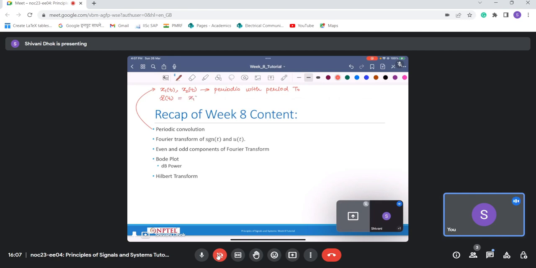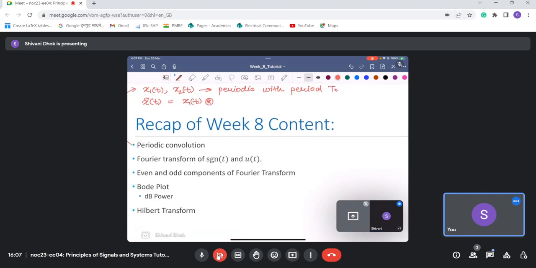which is denoted like the normal convolution with a circle around it, is calculated with an integral over a period T0, let's say from 0 to T0, of x1(tau) x2(t minus tau) d tau.